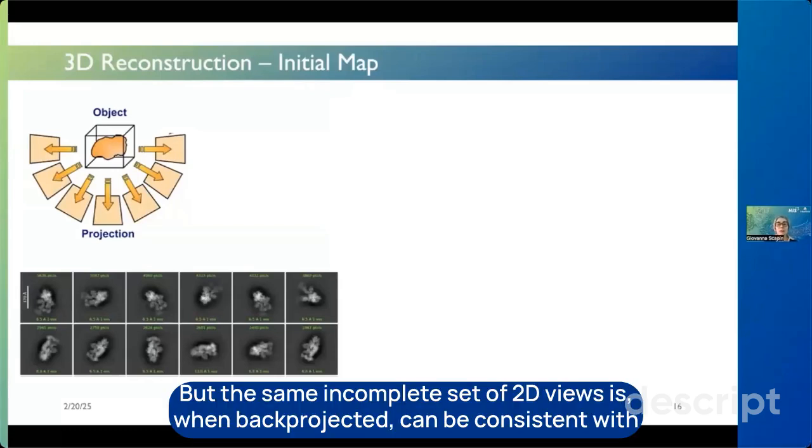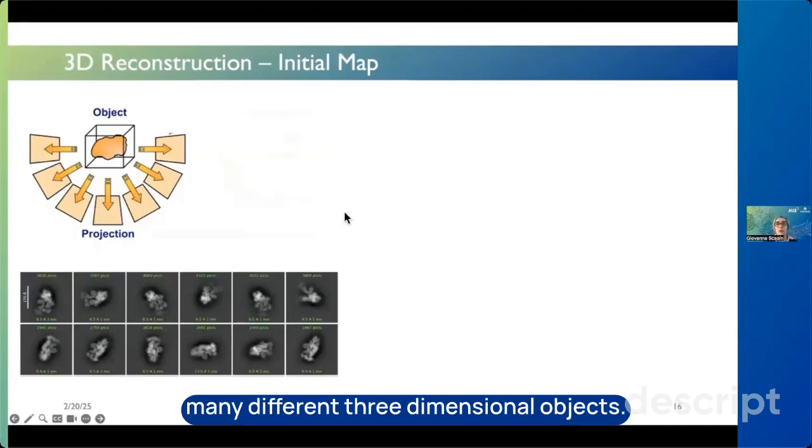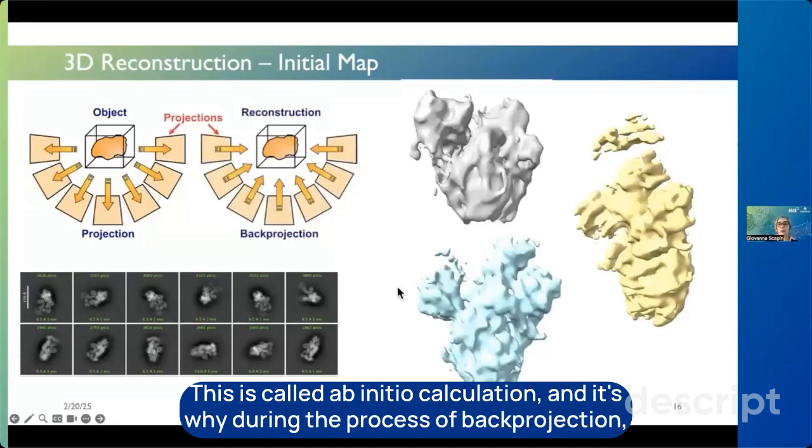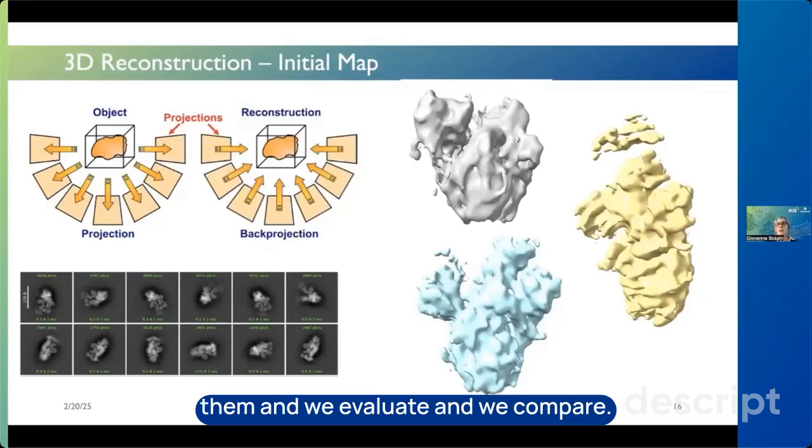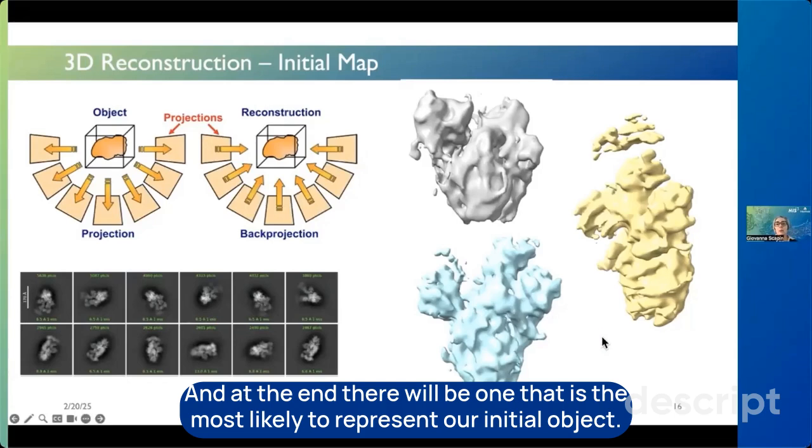But the same incomplete set of 2D views, when back projected, can be consistent with many different three-dimensional objects. This is called ab initio calculation, and it's why during the process of back projection we reconstruct many, many different 3D objects, and we analyze them, and we evaluate, and we compare. And at the end, there will be one that is the most likely to represent our initial object.